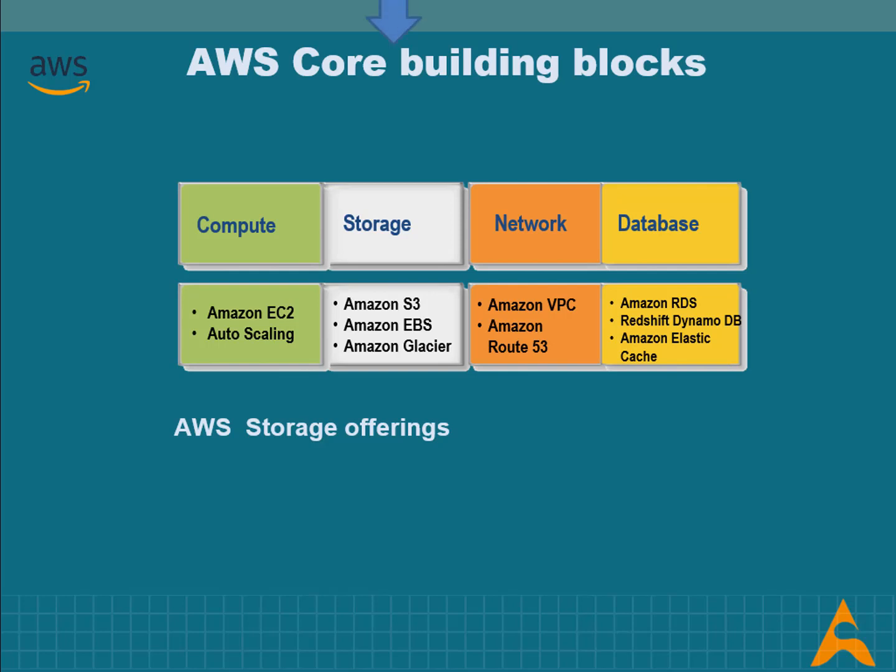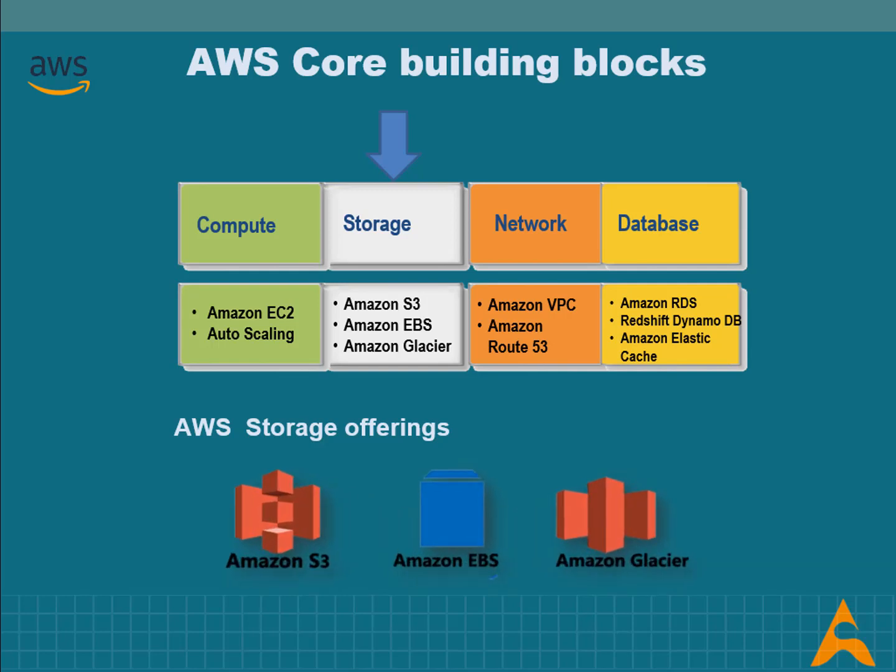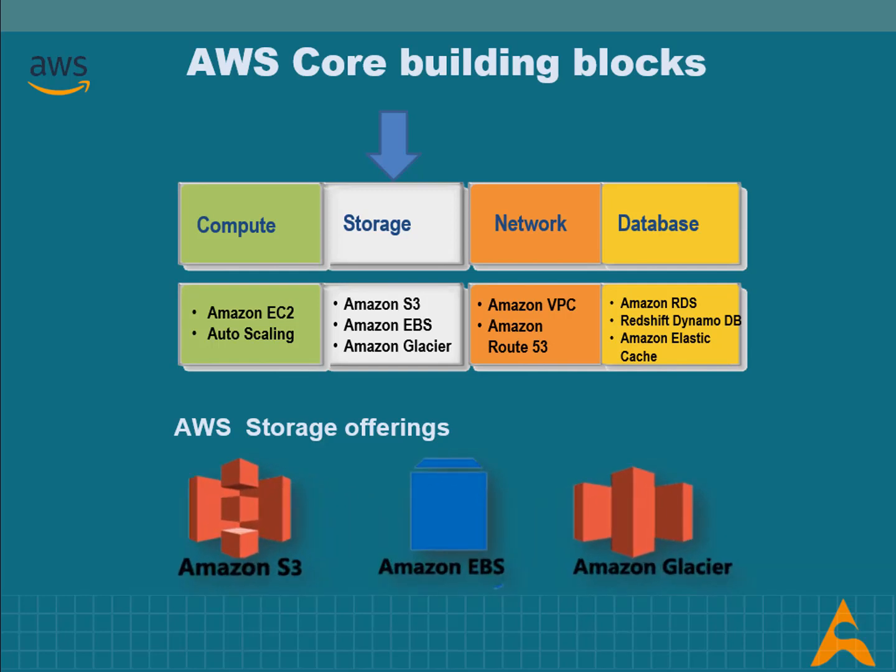Moving next to storage. Cloud storage is a critical component of cloud computing, holding the information which is used by applications. Big data analytics, data warehouses, Internet of Things, databases and backup and archive applications all rely on some form of data storage architecture.